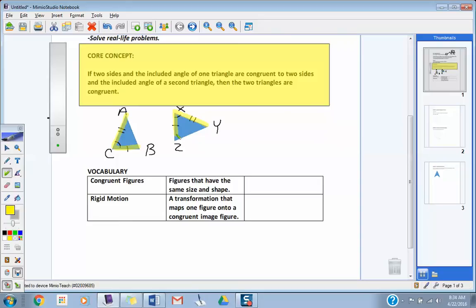Is the angle in between the two sides or not in between the two sides? In between the two sides. So what they're getting at is this. If you have two sides, and the angle formed by those two sides, and all that is congruent, then by side angle side, those two triangles will be congruent.